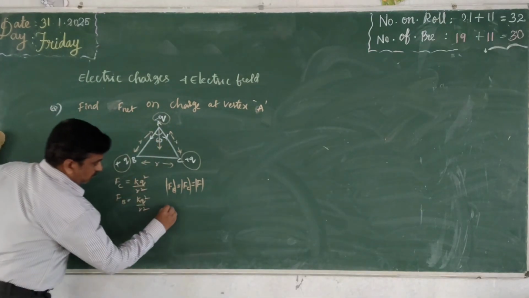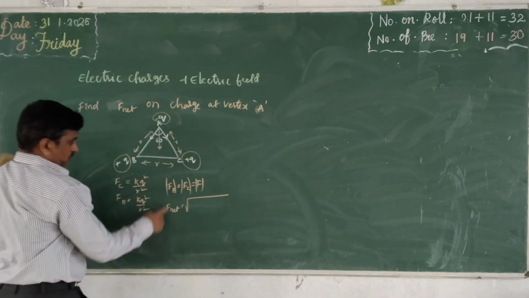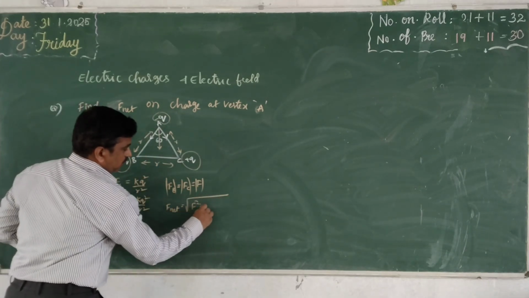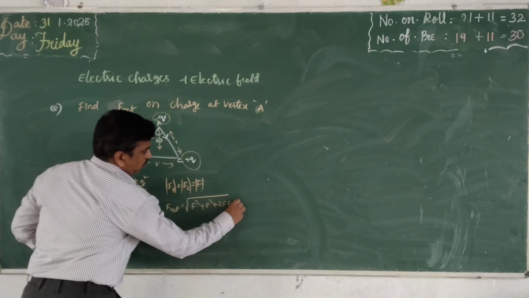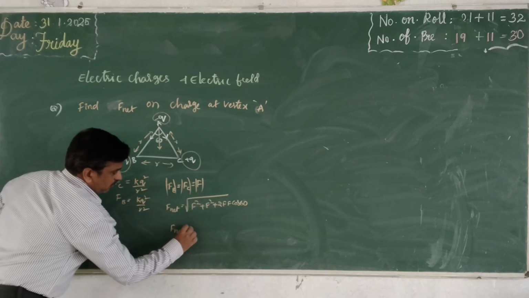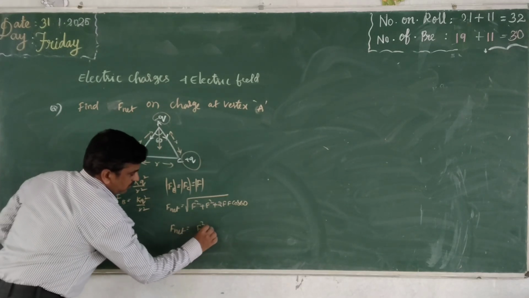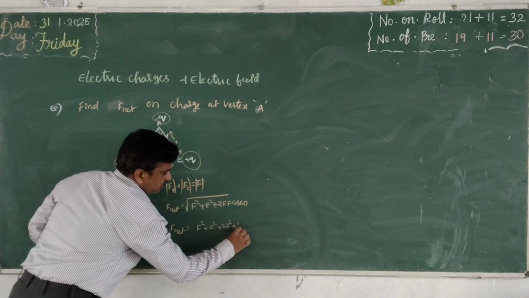So F net equals root of F square plus F square plus 2F cos 60. F net equals F square plus F square plus 2F square cos 60, which is 1 by 2.